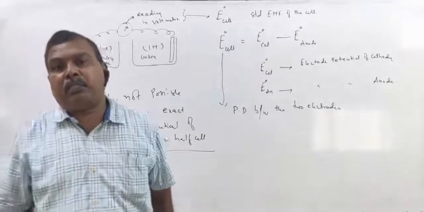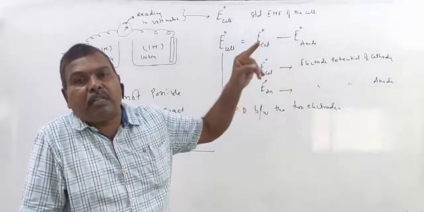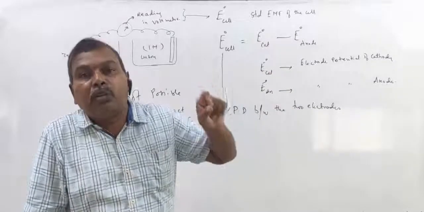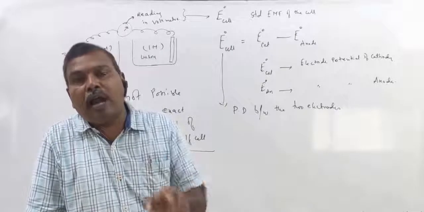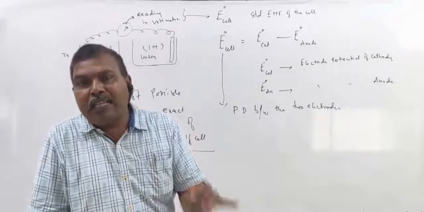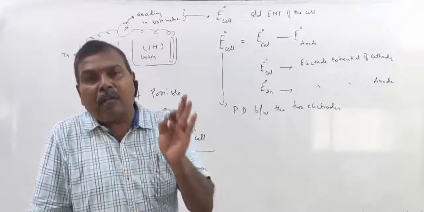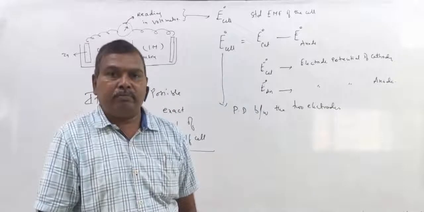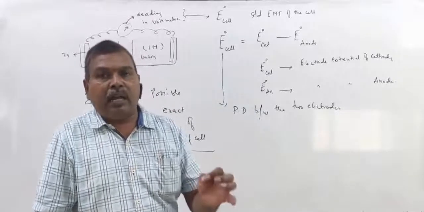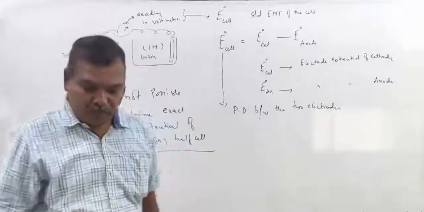For this purpose, as Pauling took hydrogen as the reference element to determine the electronegativities of all other elements, in the same way, the hydrogen electrode is taken as a reference electrode.